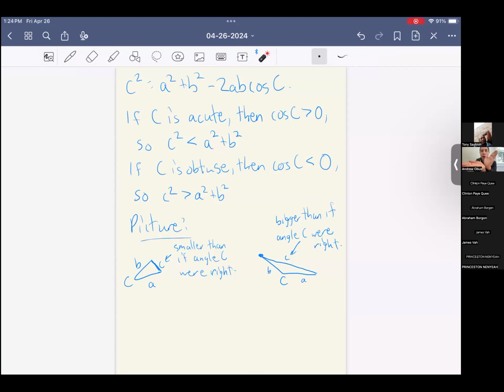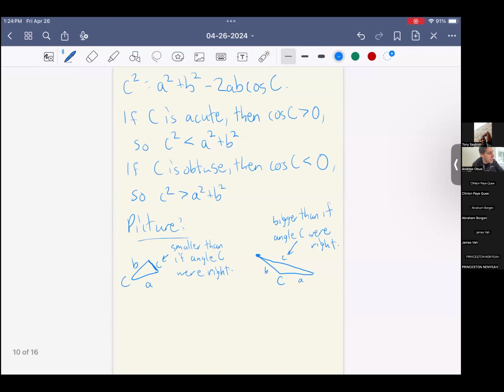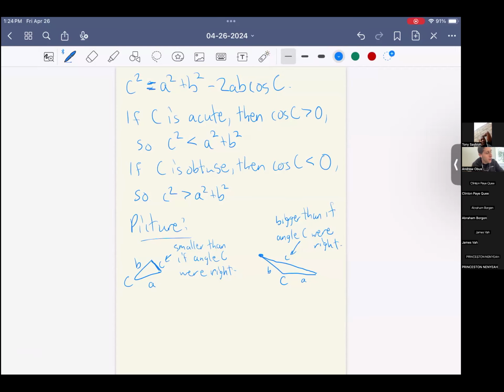If you have a big obtuse angle, then these ends get very far away from each other, and that means side c is going to be very large. This is exactly what the cosine law is telling us. If you have an acute angle, the length of side c is smaller than what you would expect from a right triangle. And if you have an obtuse angle, then the length of side c is bigger than what you would expect from a right triangle.